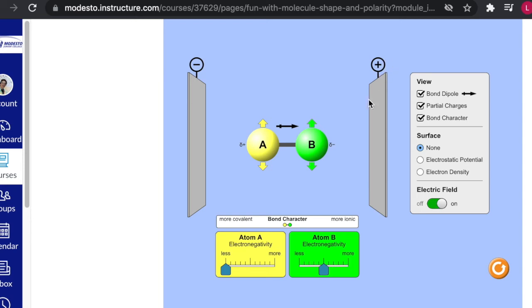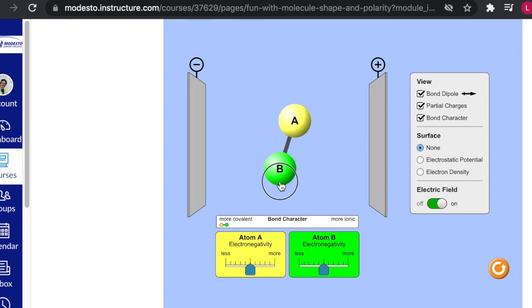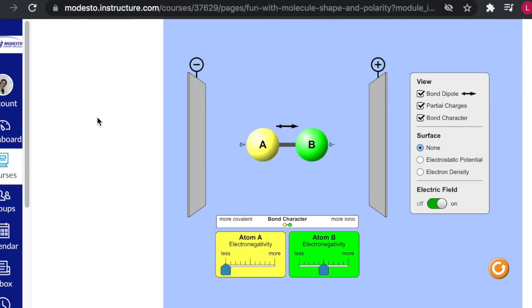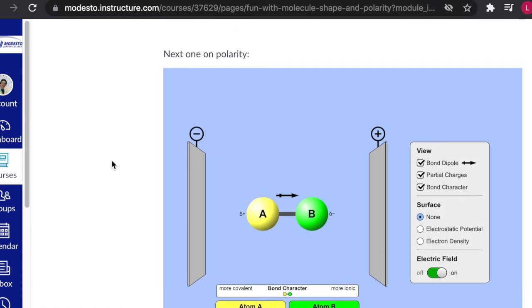So the positively charged plate is going to attract the negatively charged end. The negatively charged plate will attract the positively charged end. If you switch the electronegativity, it's going to flip over. If you make it so that there isn't a dipole, then it won't be attracted at all. You can also try it with 3 atoms.